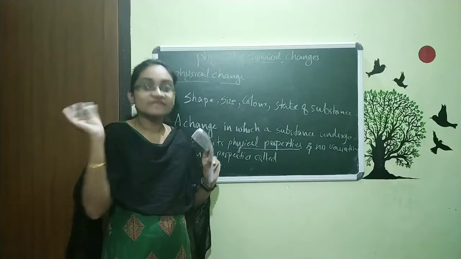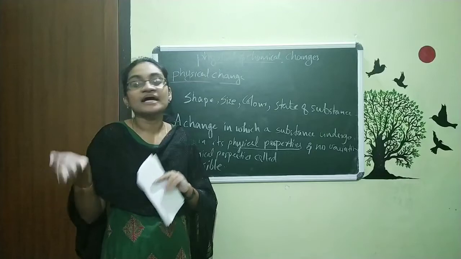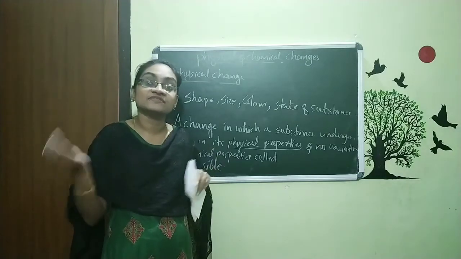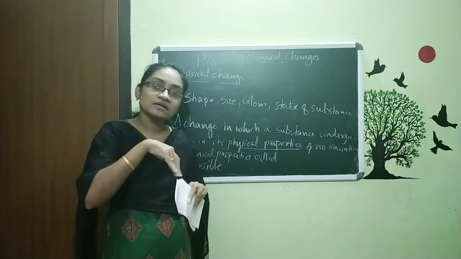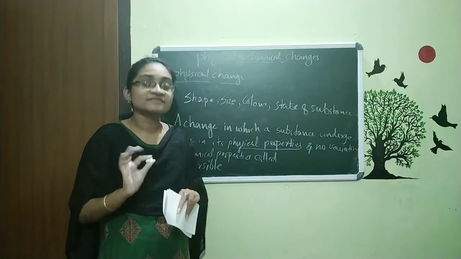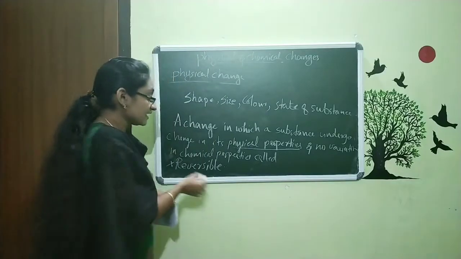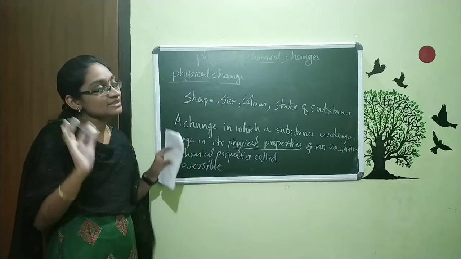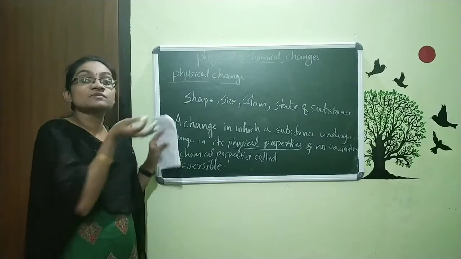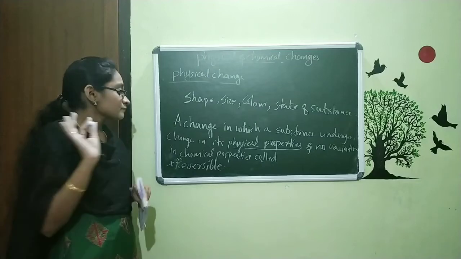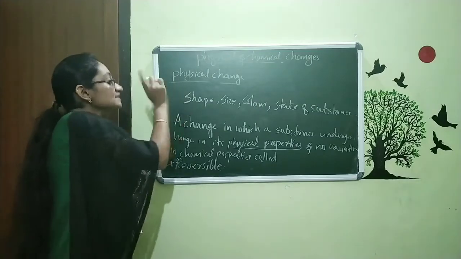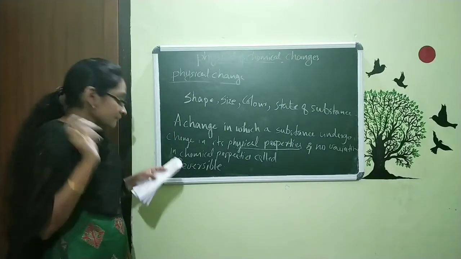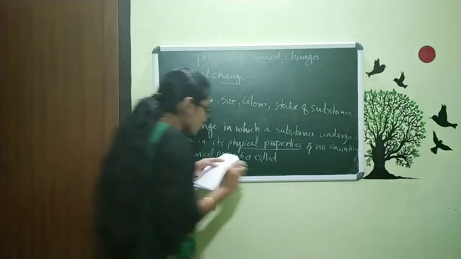When we give heat, they convert to water, and when we cool this, what happens? It goes back to ice cubes. So that's why we say it is reversible. That means both the ice cubes and water have the same chemical properties. So we can say physical change is reversible.